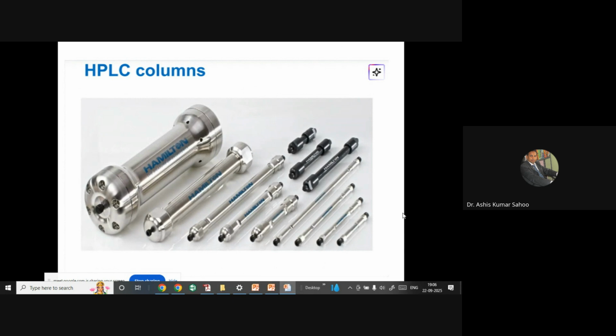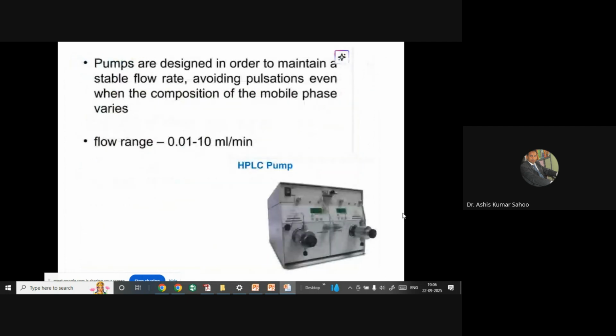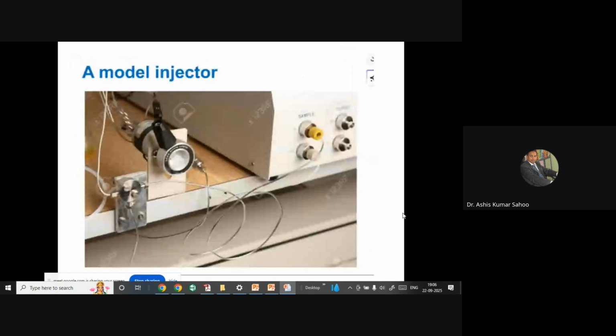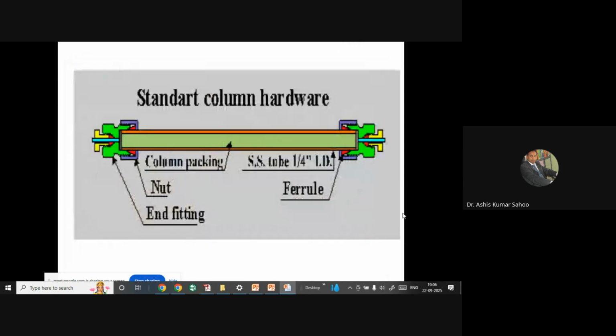You can see these are the different parts of HPLC. This is the column, this is the injector, this is the pump. So these different parts are assembled in the HPLC machine. Here you can see the standard column hardware.